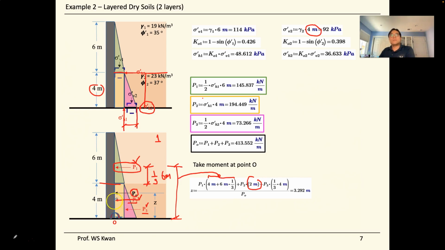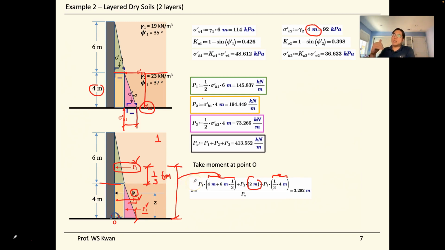So P2 times half of the length of this rectangle, so P2 times 2 meters, gives us the moment of force from P2. And similarly, we also do the same thing for P3. And for P3, we just talk about this pink rectangle here. So we know, again, once we have only rectangles, the force acts through the centroid, which is 1/3 of the height. So the moment arm equals 1/3 times the height, which is 4 meters.